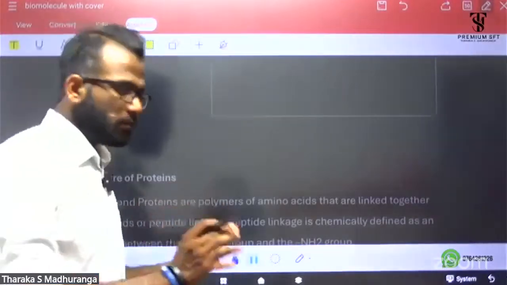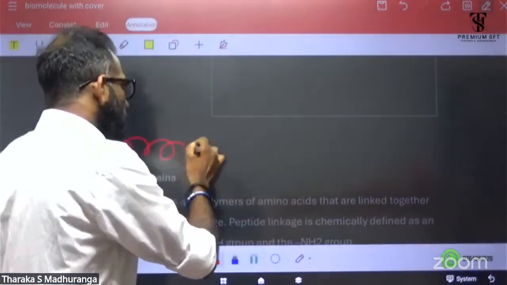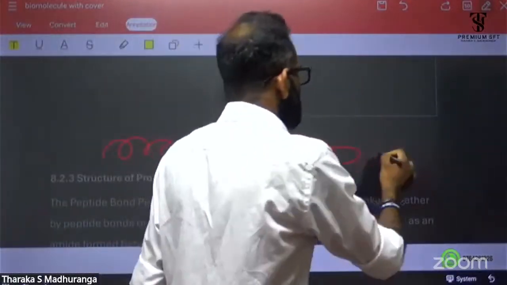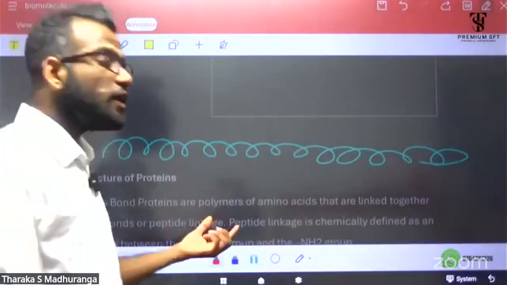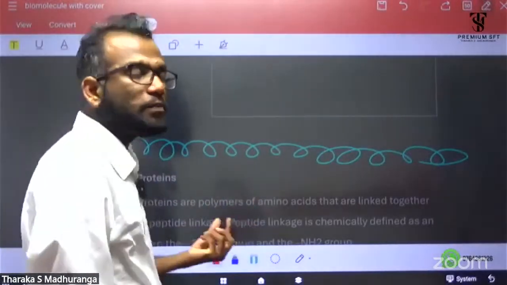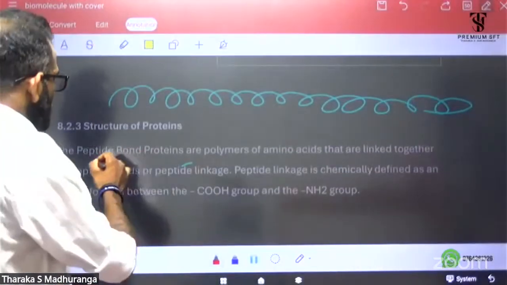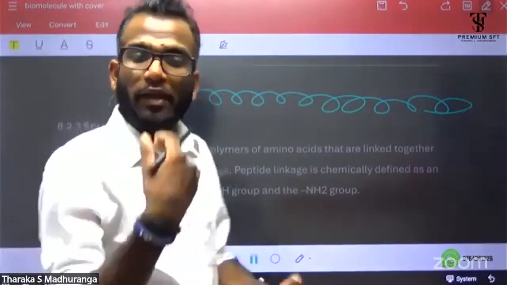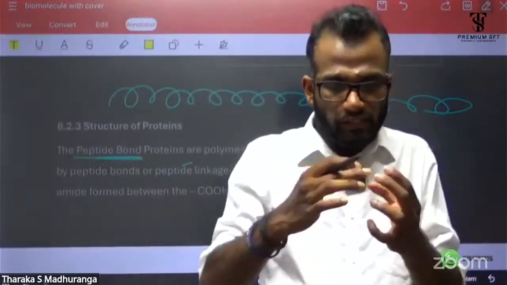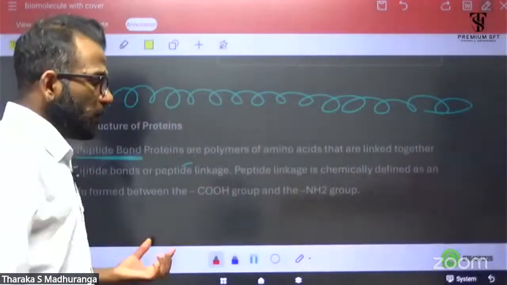Proteins are many amino acids combined with peptide bonds. This is a new bond type that we call the peptide bond. Amino acids polymerize like a chain, a complex structure that we call a protein.